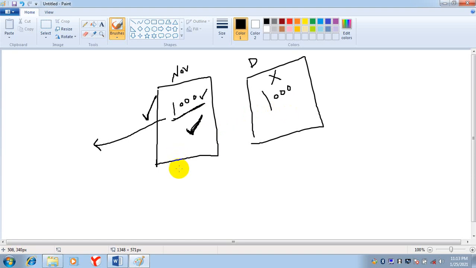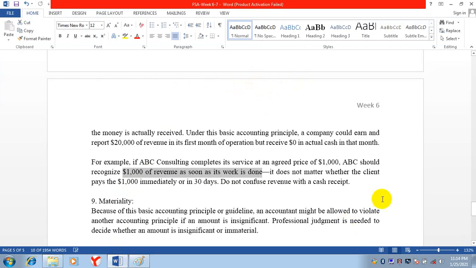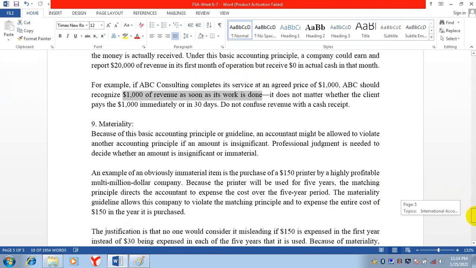So simply, when you complete the work in November, it will become the revenue of November. It will not be the revenue of that month in which cash is received. This is called the revenue recognition principle.